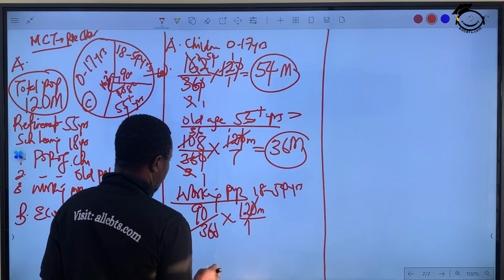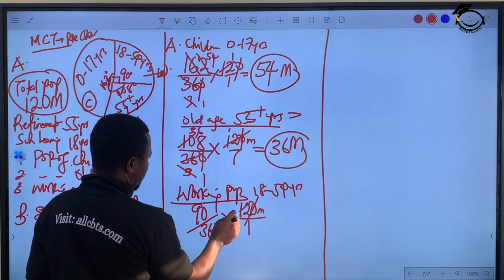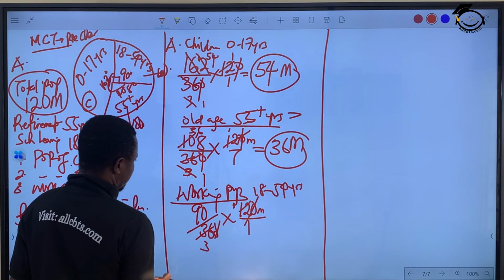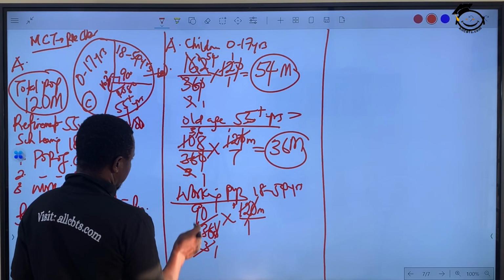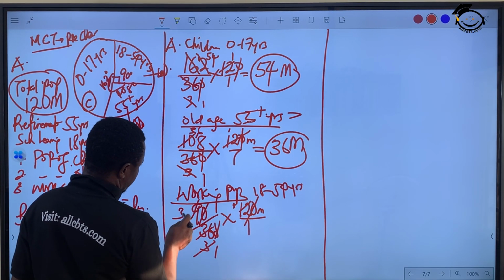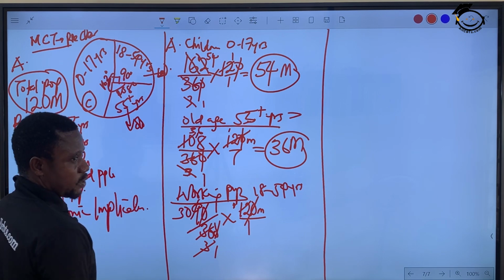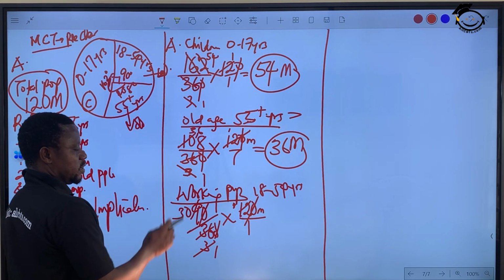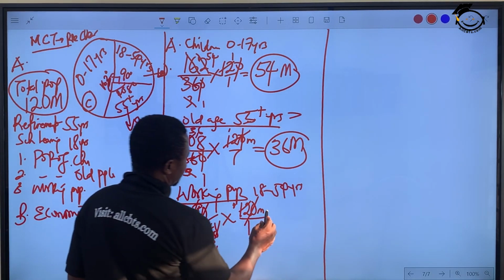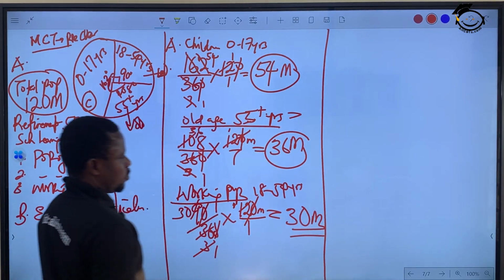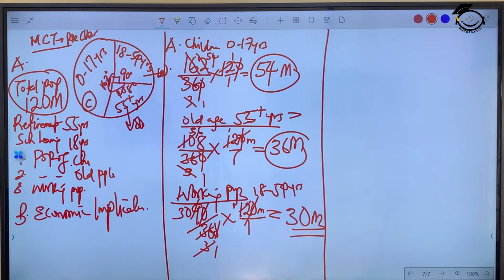As usual, 0 goes here, 0 goes here. 12 here, 3. 12 here, 1. And 12 here, 3. 3 here, 1. 3 in 9, 3. 3 in 0, 0. 3 times 3 is 9. 3 times 0 is 0. So 3 in 90 is 30. So what do you have? 30 million.